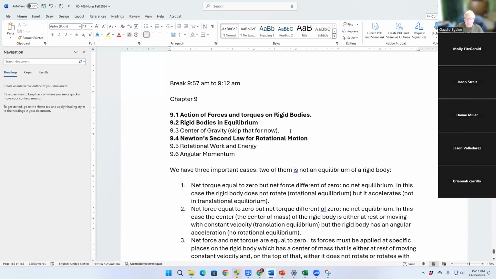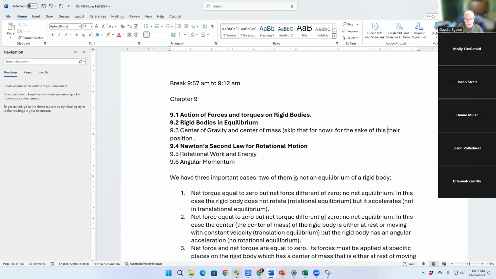What you have to know about center of gravity and center of mass is that, for the sake of this course, the position of the center of gravity and the position of the center of mass coincides with the geometrical center of the rigid body.